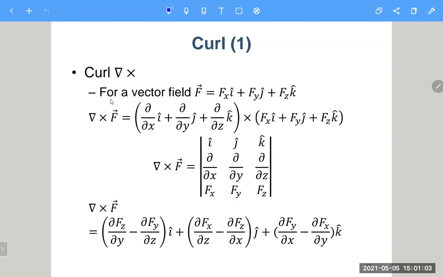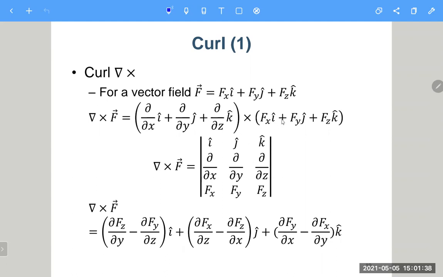So the curl of F can be calculated as the gradient crossed with this F. You know the cross product: we have i, j, k, and then the first vector, which is the gradient. So we have the x-axis component, y-axis component, z-axis component to be here, here, and here. So we have partial x, partial y, partial z.